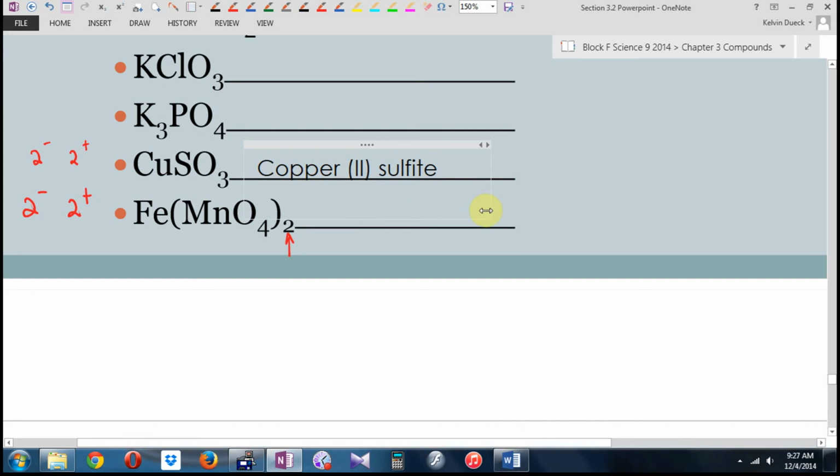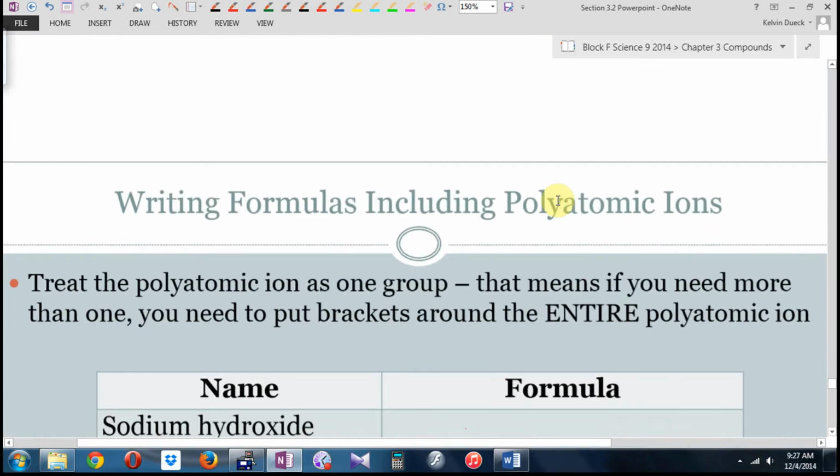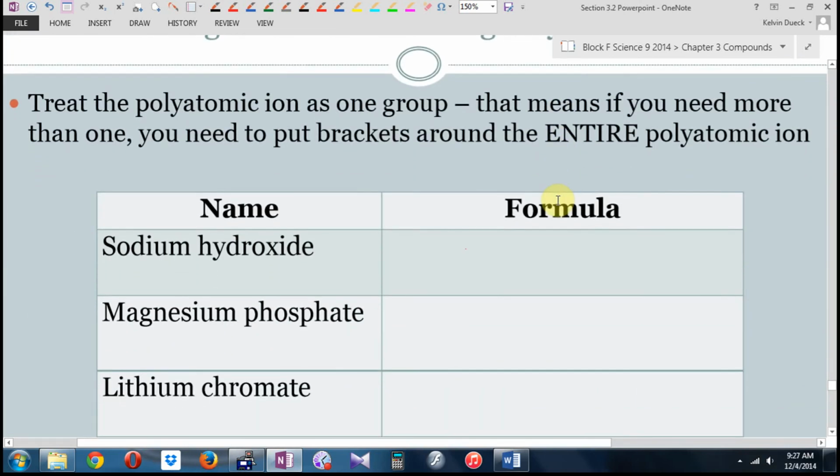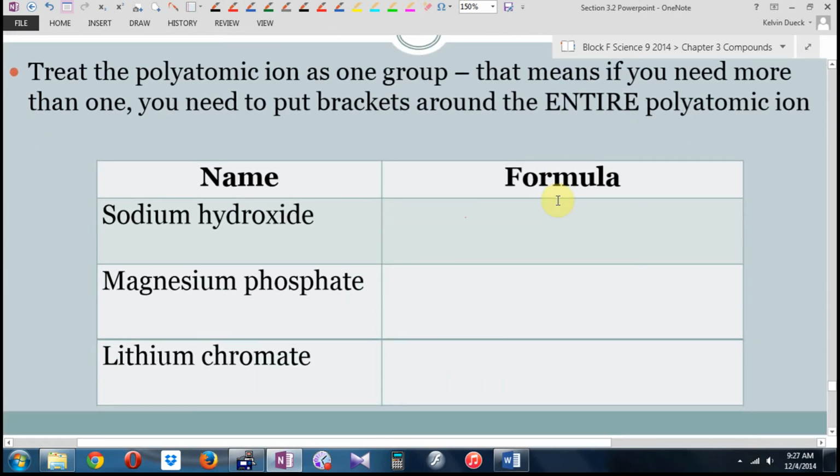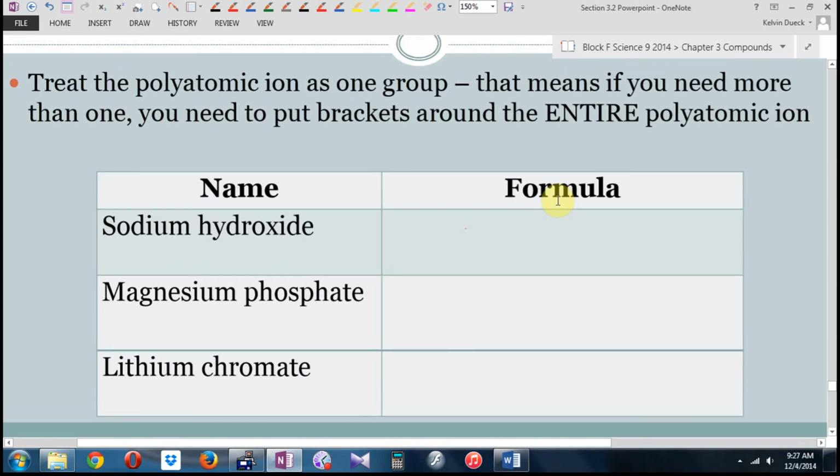This is going to be, can I write here? I'll just write it. This is going to be permanganate. So, ready? Now we're back to writing. It says, treat the polyatomic ion as one group.